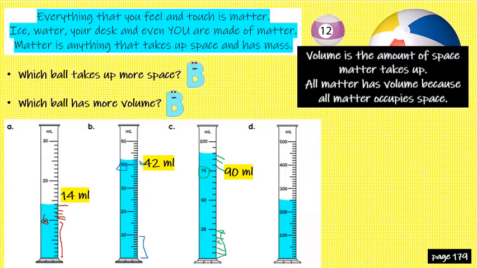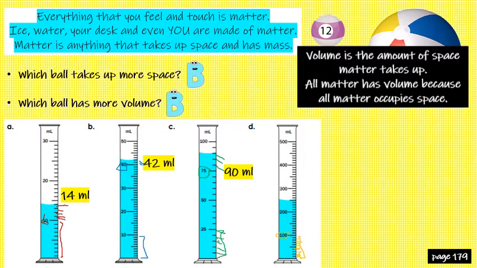Let's move to the last graduated cylinder. As you can see, each 10 lines are equal to 100 milliliters. What does this mean? Each line is equal to 10 milliliters. That's right. So let's check. 10, 20, 30, 40, 50, 60, 70, 80, 90, 100.